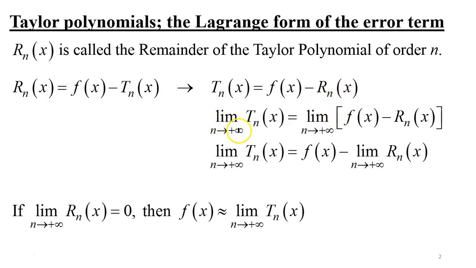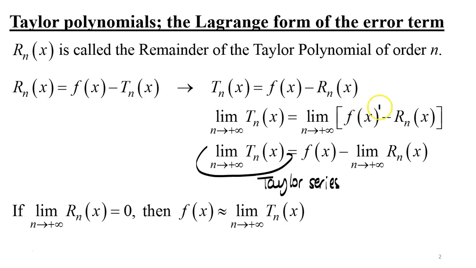Now, taking both sides to infinity, so approaching n to infinity on both sides. On the left-hand side, the limit of the Taylor polynomial as n goes to infinity would in fact be the Taylor series. And on the right-hand side, we have the limit as n goes to infinity of f of x minus Rn of x.